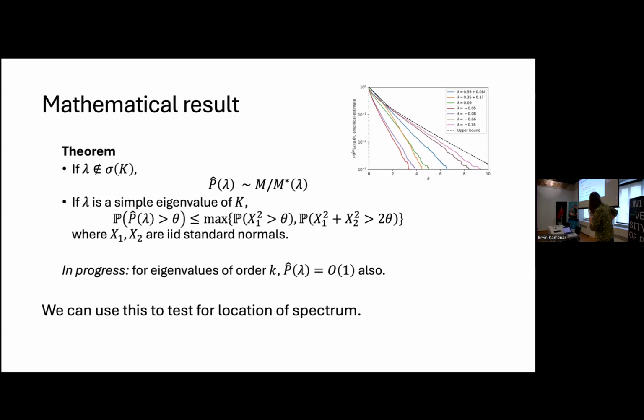It's the number of data points necessary to see the non-eigenvalue nature of this lambda.